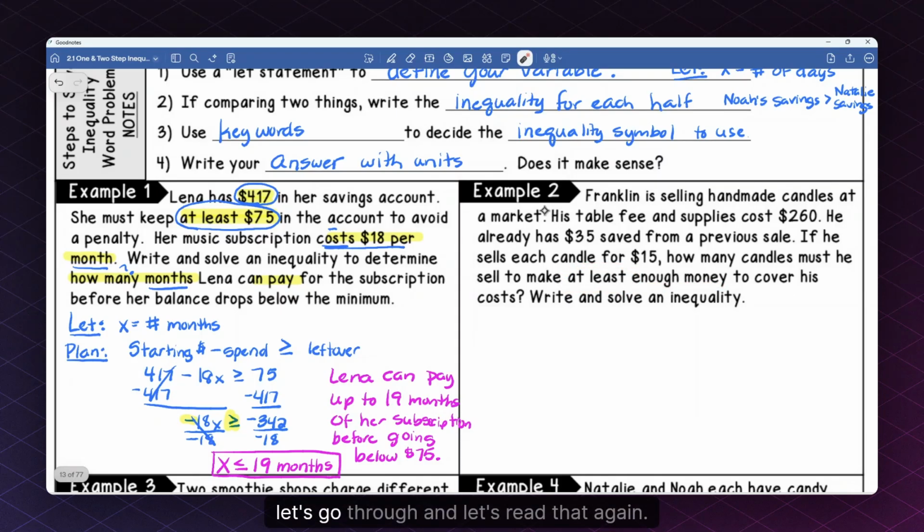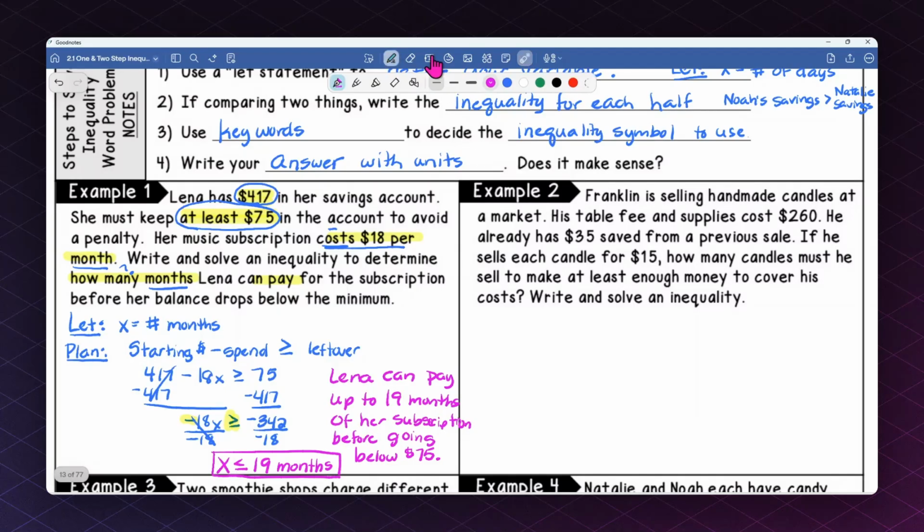Alrighty, let's go through and let's read that again. So we got Franklin is selling handmade candles. His table fees and supplies cost $260. He has 35 saved from another sale.